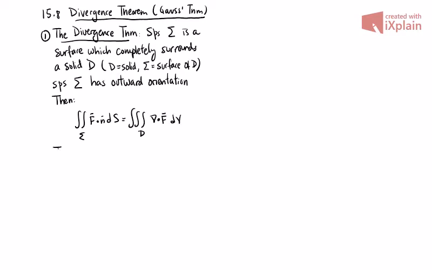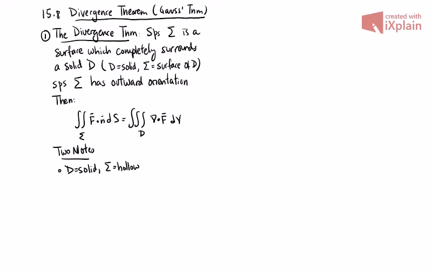So two notes, and we'll do some examples. There are a few notes that are going to come up. One is, again, D is the solid. Sigma is sort of the hollow, if you like, or is hollow.